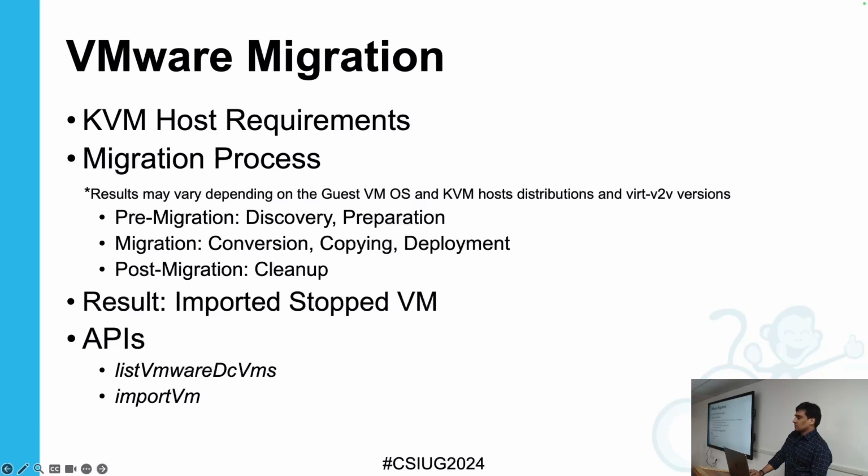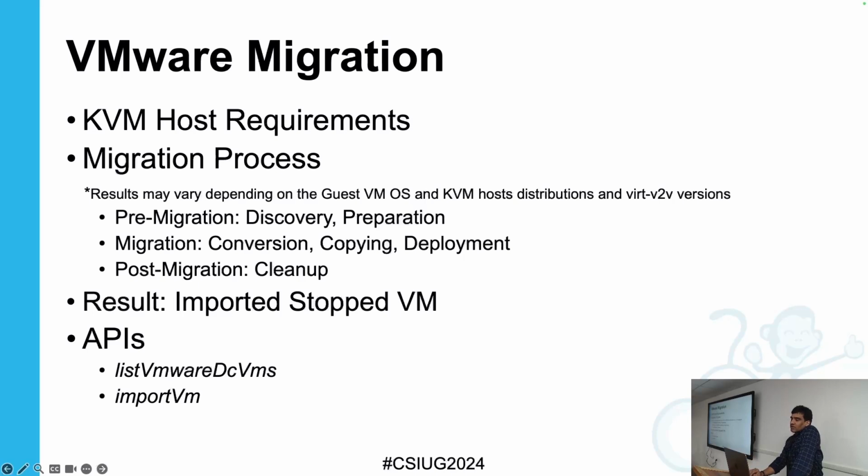For the migration, CloudStack delegates this to one of the KVM hosts, which uses the virt-v2v binary for the conversion process. It converts from VMDK to the KVM disk files, and then does the copy, and once the copy is done, the deployment and importing of the instance to CloudStack is done by the management server.